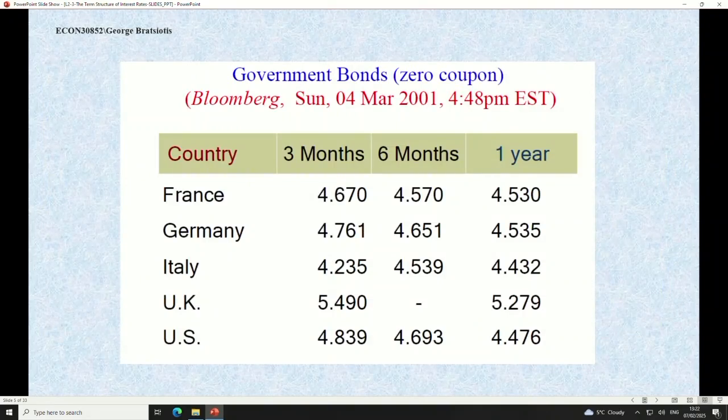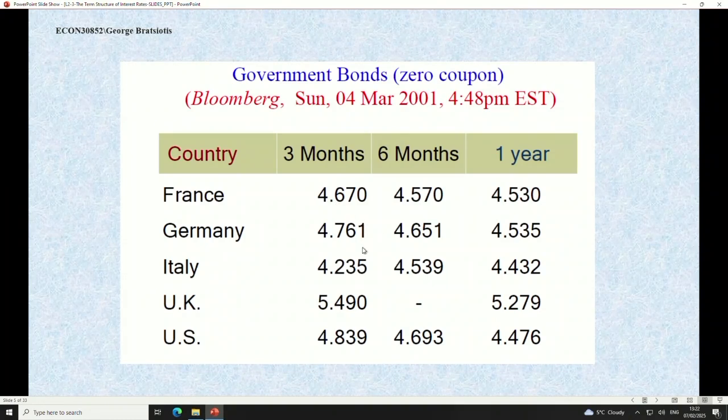I'm going to look at government bonds. This is from Bloomberg, Sunday, 4th of March, 2001. I'm going to focus on just these five: France, Germany, Italy, the UK, and the US. What you observe is that within a year from now, the French one is going towards a 4.5 rate for the 1 year.